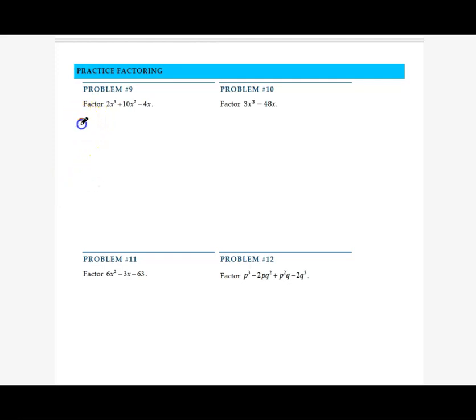2x? Yeah. So let's factor the 2x out. So that means we're dividing each of these by 2x. So that's just going to leave me x squared plus 5x and then minus 4. And sometimes that might be all we're able to do, but you want to look to see if that trinomial can factor further.